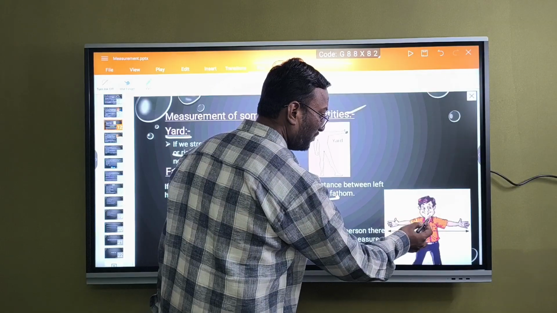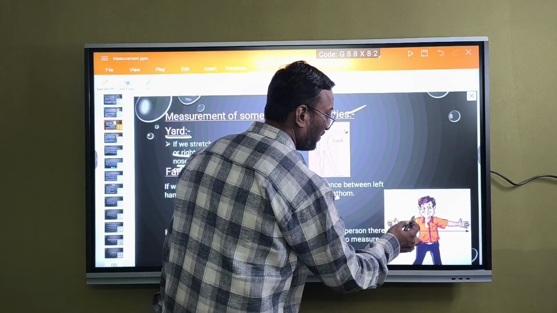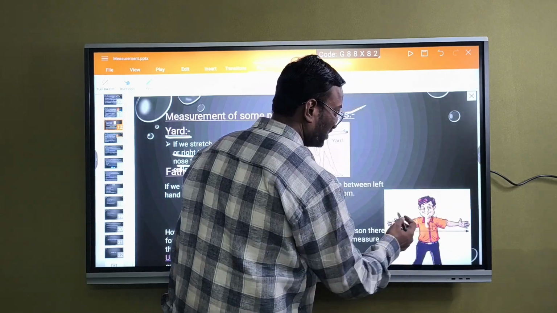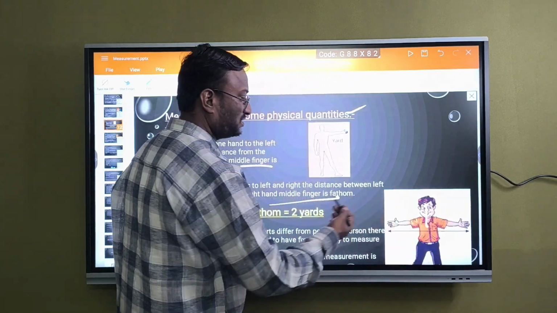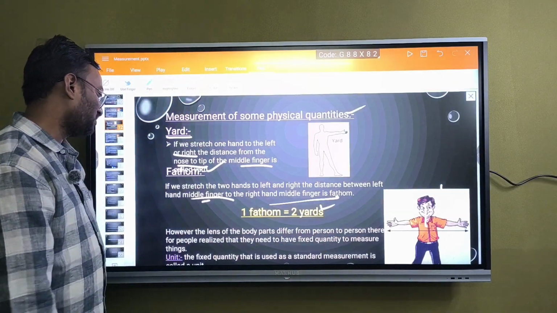Actually, from the nose, half of the part is a yard, and the other half is a yard. So a fathom is nothing but 2 yards. So 1 fathom is equal to 2 yards.